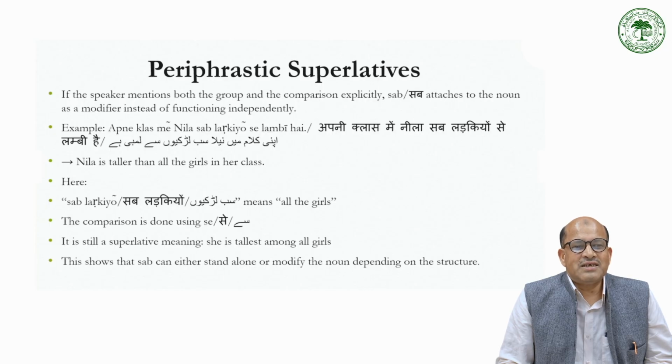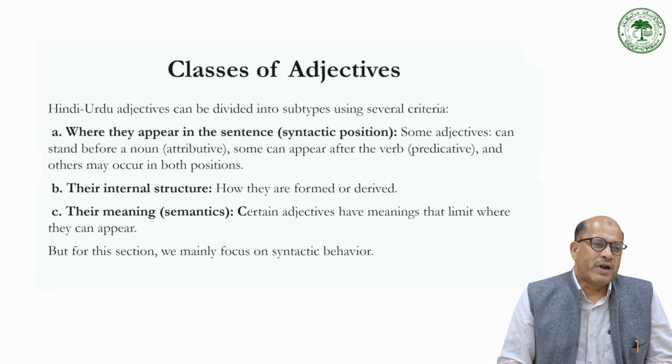The comparison is done using only se, and it is still a superlative, meaning she is tallest among all girls, यानी सब लड़कियों से लंबी है. So this shows that sab can either stand alone or modify the noun depending on the structure. So this is how we make superlatives.